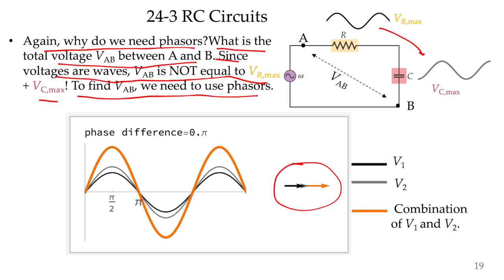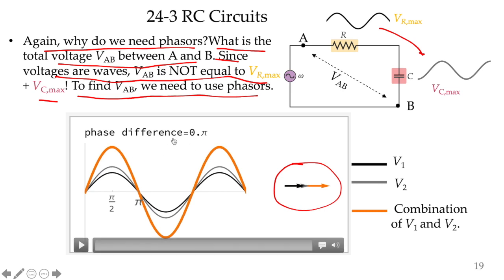They become maximum at pi over 2. They become 0 again at pi. So they are in phase. Their frequency is the same, and they are also in phase. Now look here, it says at this moment the phase difference is 0 pi, so it's basically zero radians or degrees between them.